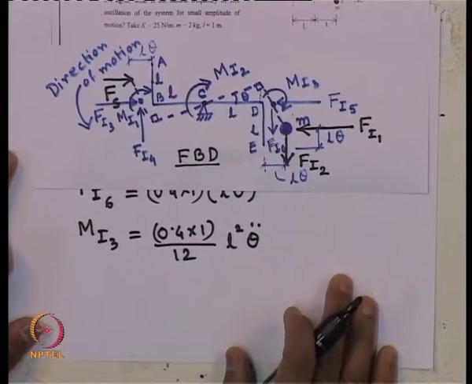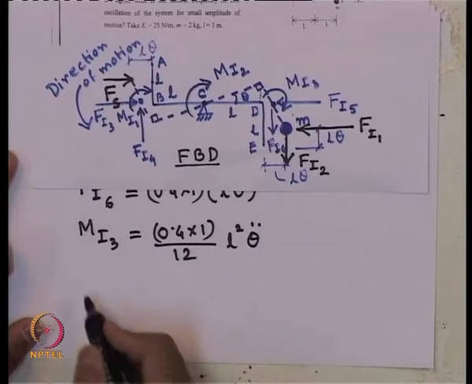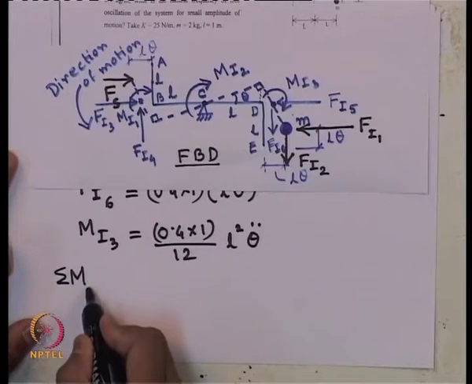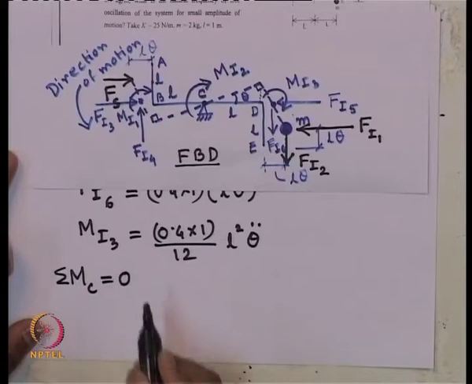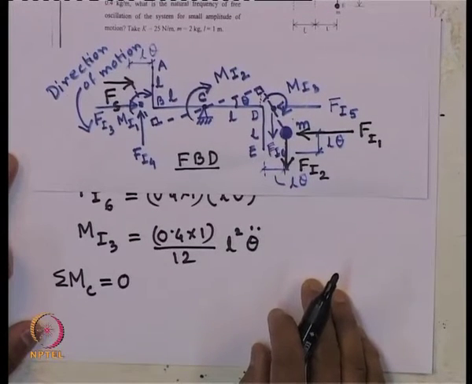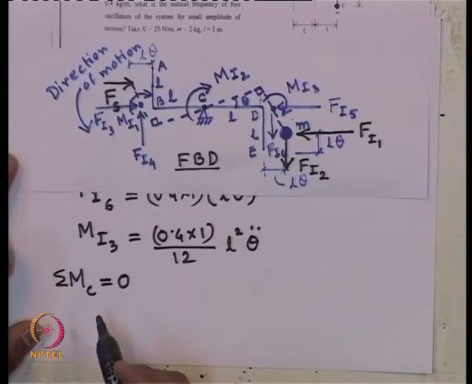So, now with all these forces, we have to again use the condition of equilibrium about the hinge support point C, moment equilibrium equals 0.